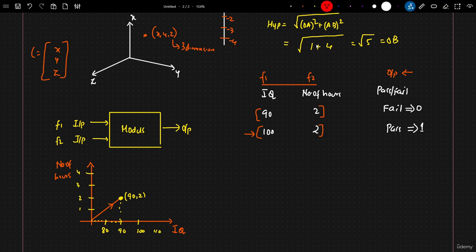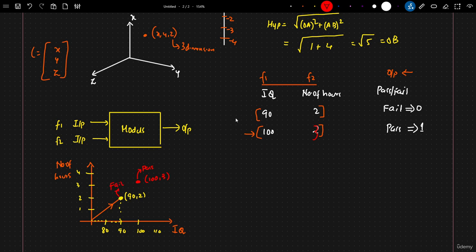So if I convert this 2 to 3, 100, 3 will be this point, and here I will write this coordinate as 100, 3. Now the difference between these 2 points is that I have marked this one as yellow and this one as red. Why? Because let's consider red is specifying pass, yellow is specifying fail. That is the reason I have used 2 different colors.